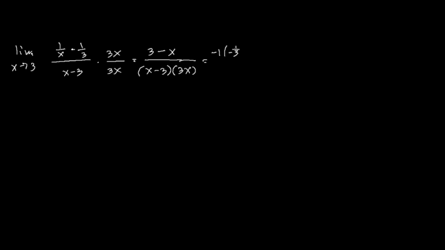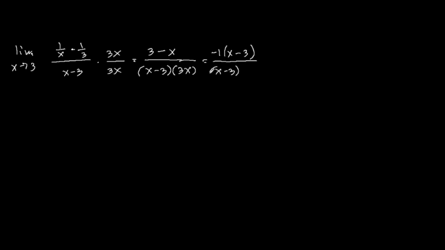For simplification we need to arrange it: the variable should be positive x, then minus 3, which is also 3 minus x.